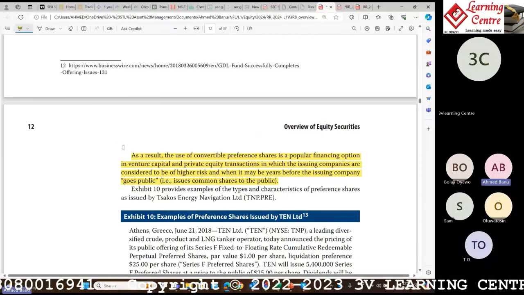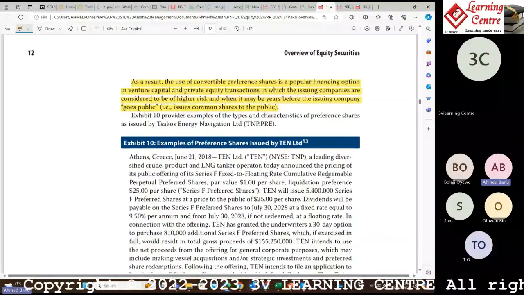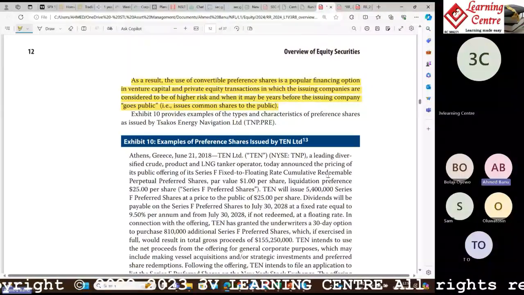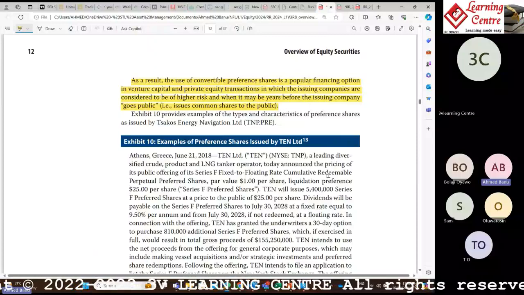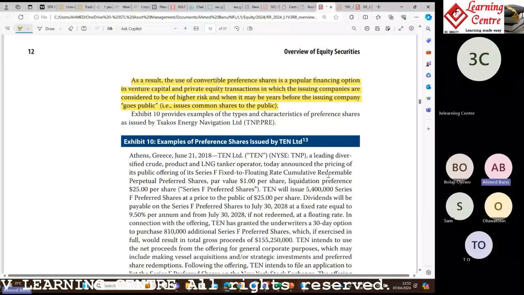It's one of the methods that equity investors use to provide funds to companies. We'll give you convertible preference shares. We look at how your performance is in the next 5 to 10 years. So let's just say 6 years. If you have grown significantly and you're doing well, we convert to ordinary shares and we become shareholders of the company. Okay, moving on.